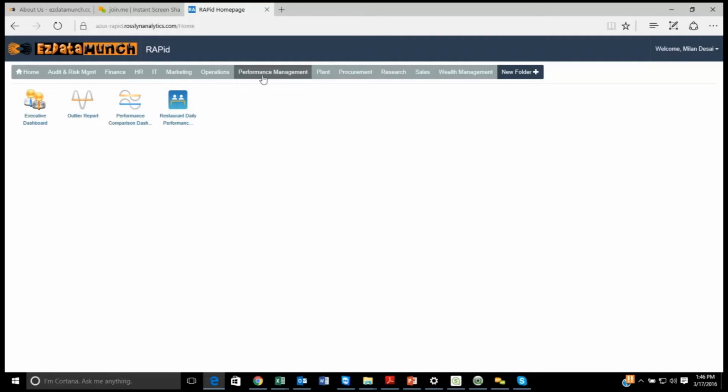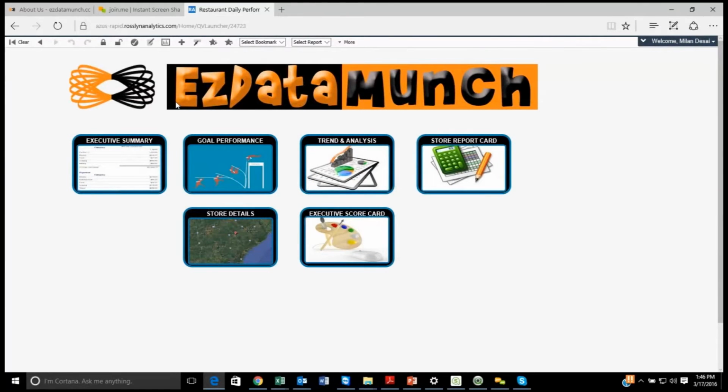When I log in within the performance management area, I see different applications or dashboards that I'm allowed access to. So let's start with the daily performance analysis application. This application gets data on a daily basis during the day.